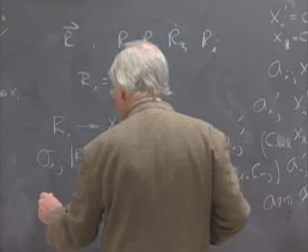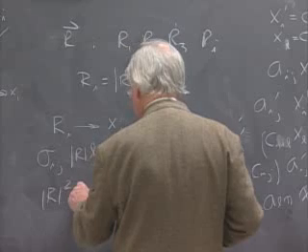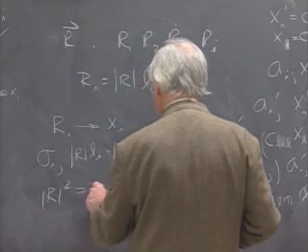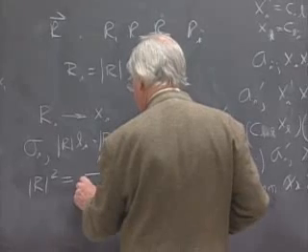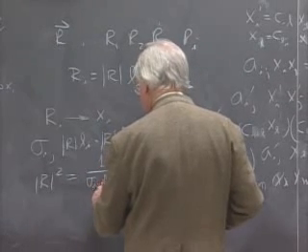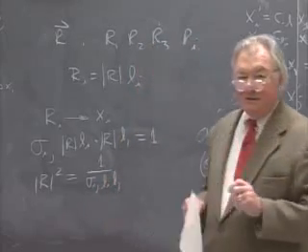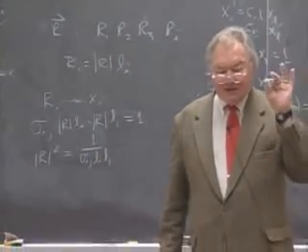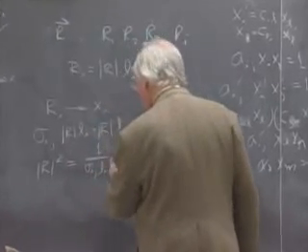If I rearrange this slightly, the magnitude of R squared is going to be equal to 1 over sigma_ij L_i L_j. So the radius of the quadric gives me not the value of the property in that direction.